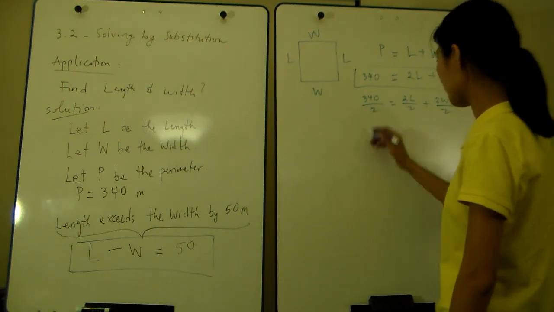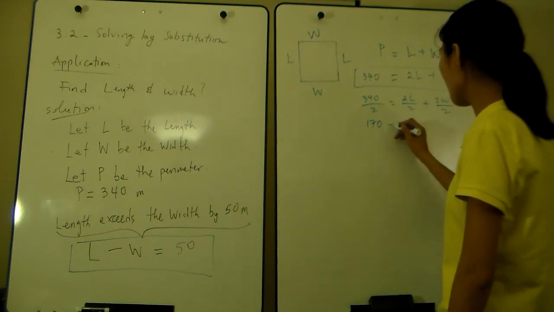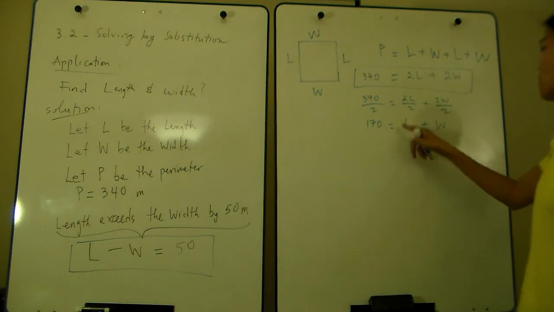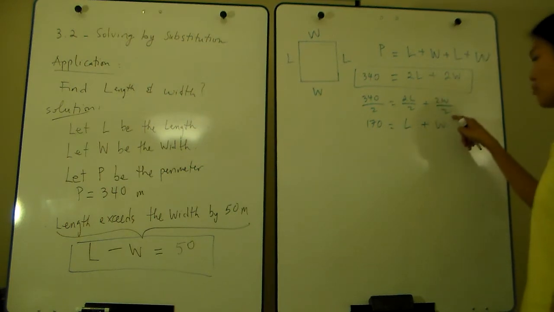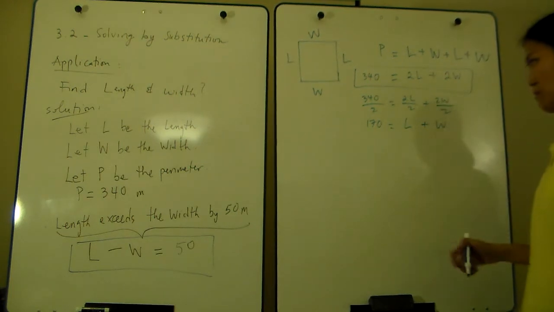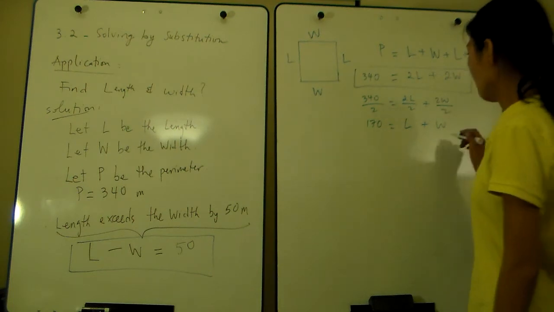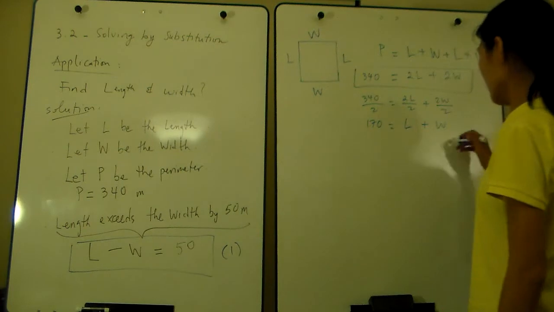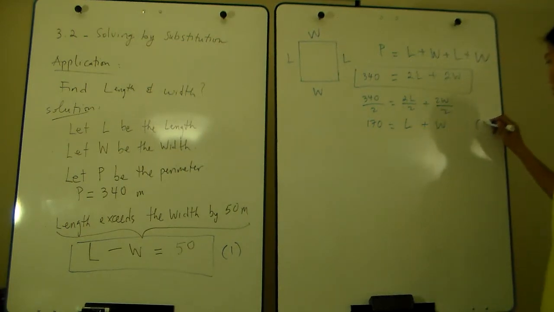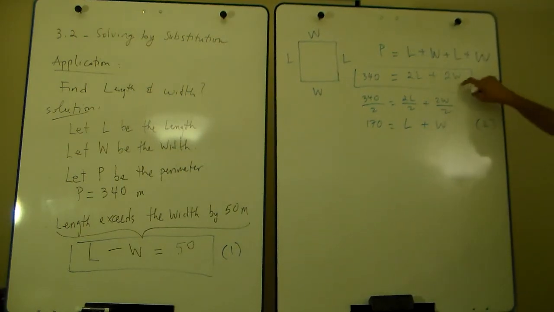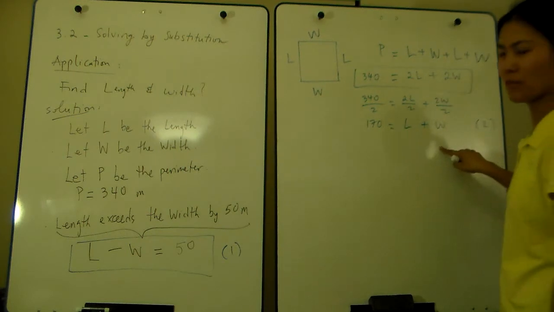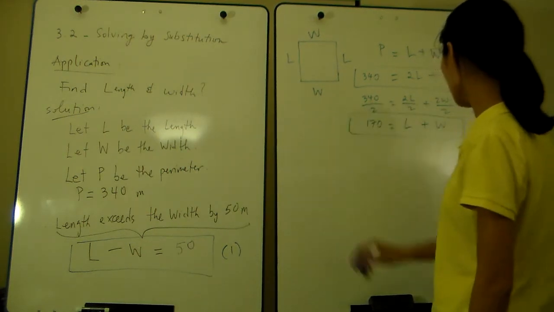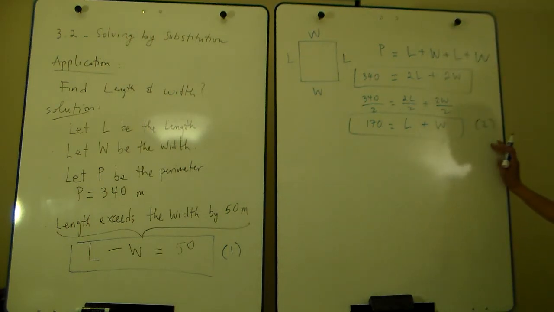What do we get? 170 equals L plus W, because 2 divided by 2 is 1, and 1 times L is L, and 1 times W is W. Again, let me call the first one equation 1, and this one equation 2. It's a simpler form. You can use either form, but let's use this one because smaller numbers are easier to deal with.